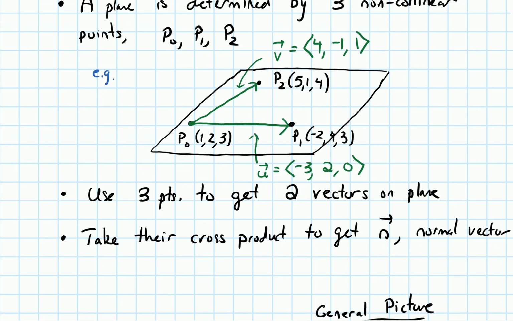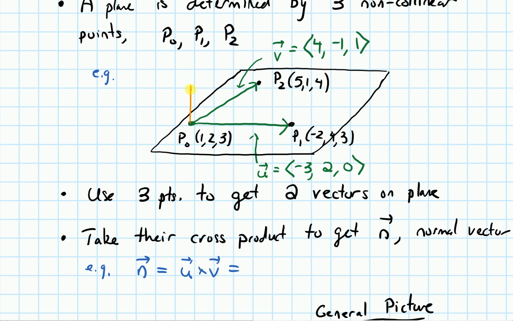Once I do U crossed with V, we'll work out what that is in a sec, but let me draw it. When we do U crossed with V, using the right-hand rule, our thumb will stick straight up.